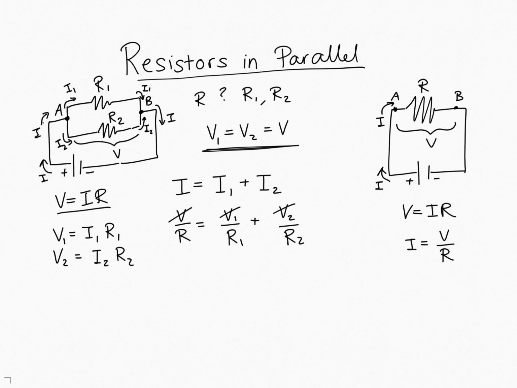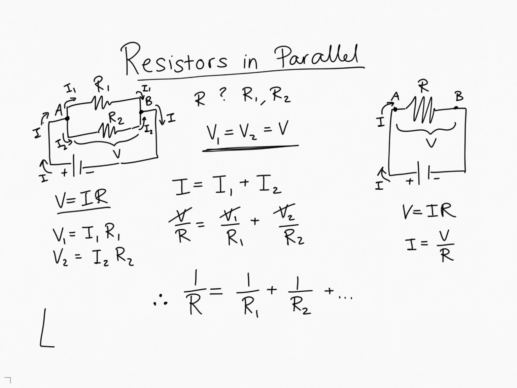So thus the relationship between these resistances is that the reciprocal of the equivalent resistance of a single resistor is equal to the sum of the reciprocals of the resistances of each of the resistors in parallel.